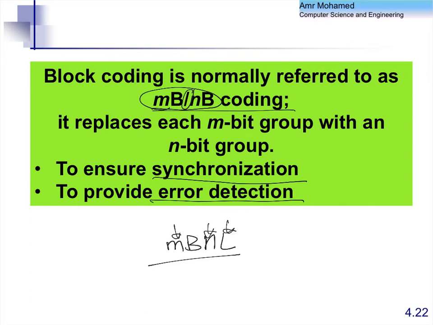So here, to differentiate the two schemes, when you see MB and NB with a slash in between, this means that it's block coding. It's not line coding, it's block coding, right? The other thing is that N is always more than or equal to M. Always. And why is this? We'll talk about this.